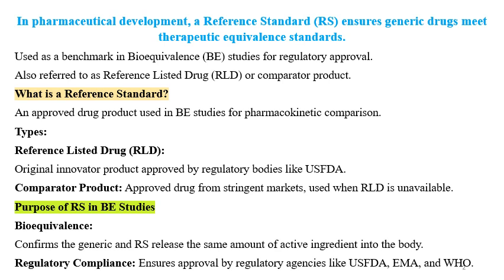Sometimes, if the reference product or innovator product is not available in the market, then reference standard is the designation given to the other product which is the market leader, and it is used for the bioequivalence studies.